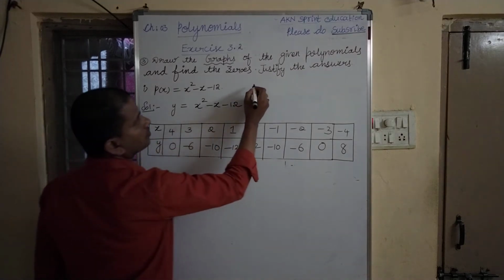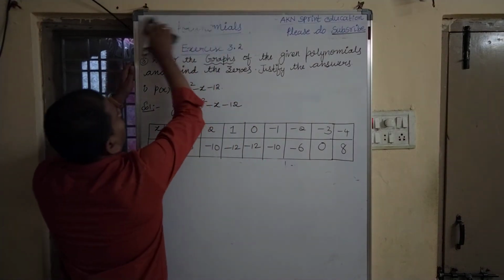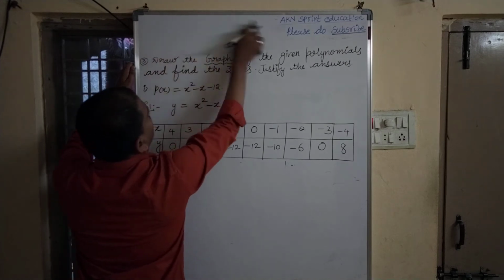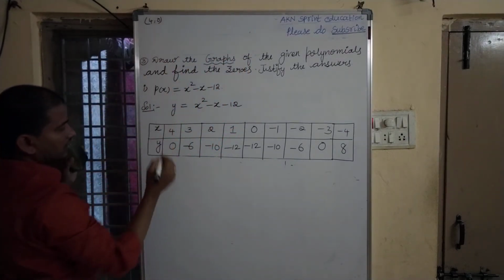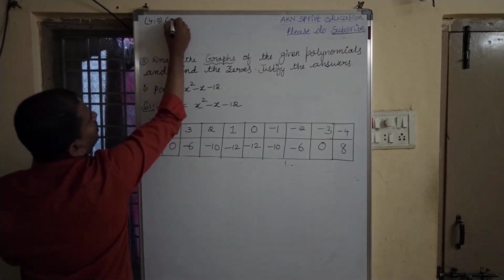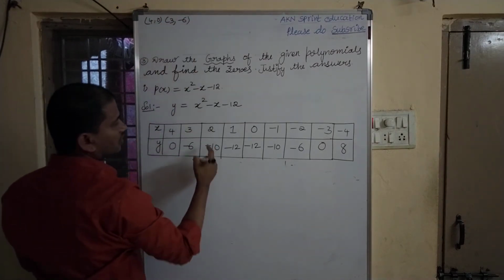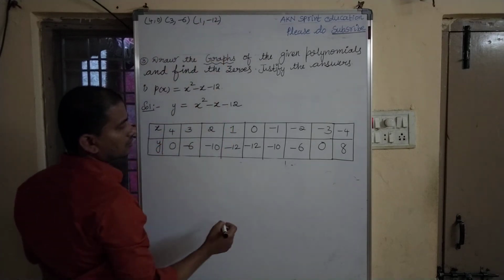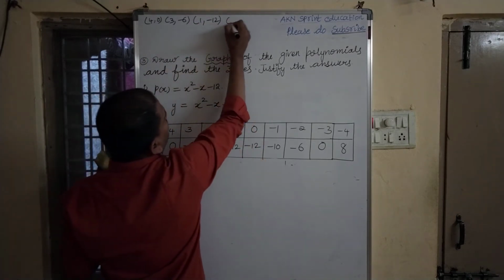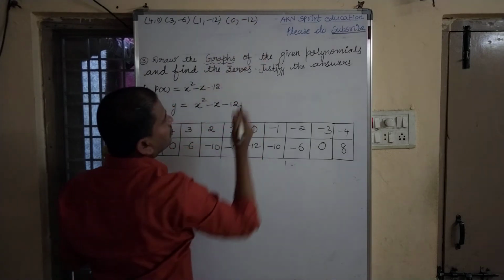First coordinate is 4, 0. Second one is 3, minus 6. Third one is 1, minus 12. Fourth one is 0, minus 12.